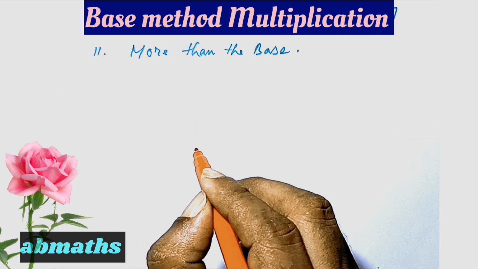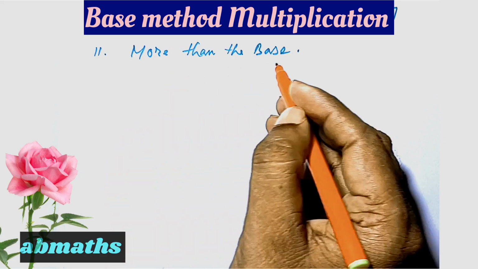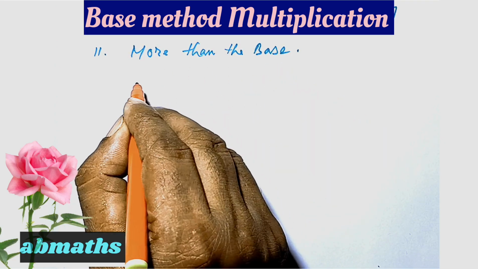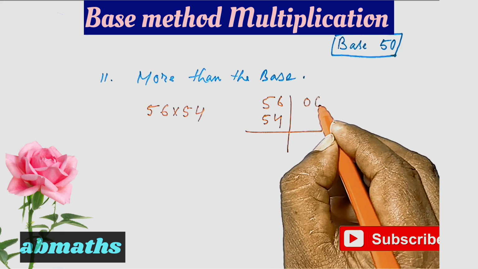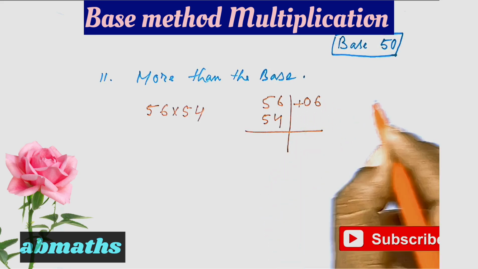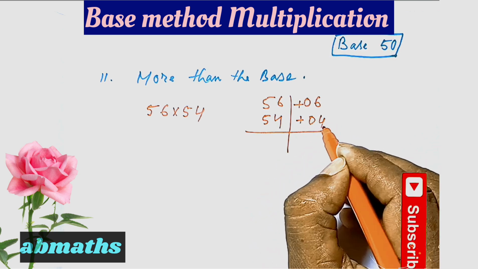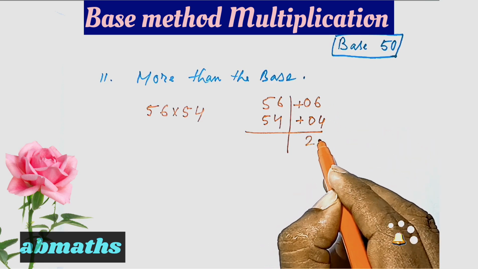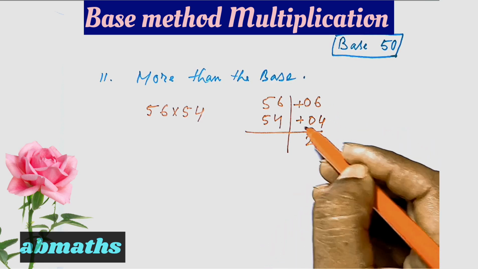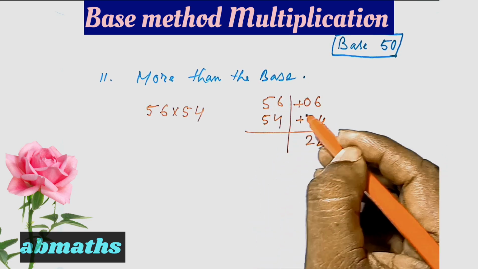Now let us see another case when the numbers are more than the base. Suppose, let me take an example here. 56 is 6 more than 50, and 54 is 4 more than 50. So 6 fours are 24, and we make a sum of 56 and 4, or 54 and 6.